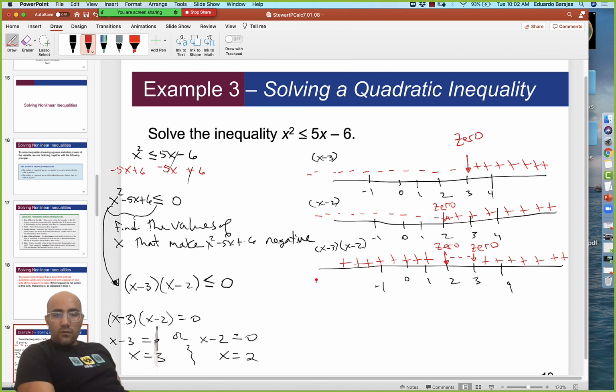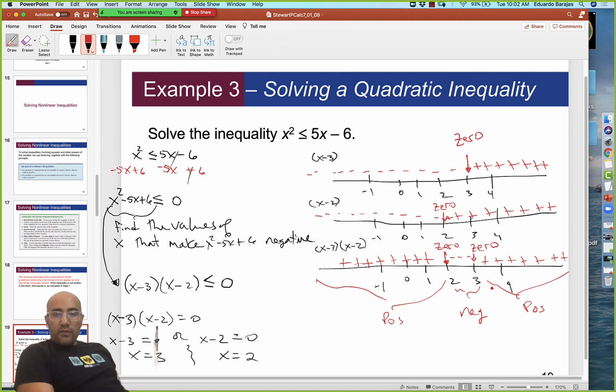Okay. So what we've concluded is that if x equals something over here, the product of the 2 is going to be positive. If x is a value between 2 and 3, then the product of the 2 is going to be a negative. And if x is a value to the right of 3, bigger than 3, then the product of the two binomials is going to be positive.